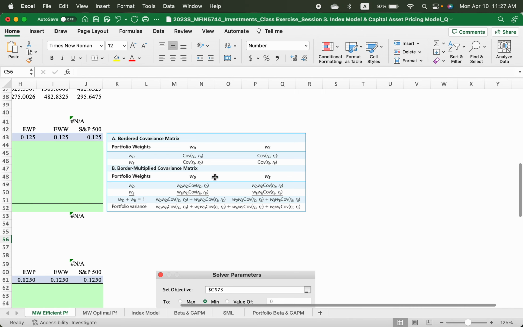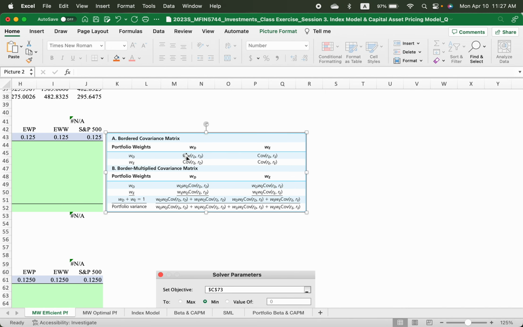So here, for the portfolio weights, we put in some weight. Once we get the weighted covariance matrix, we need to sum all these weights multiplied by the covariances.